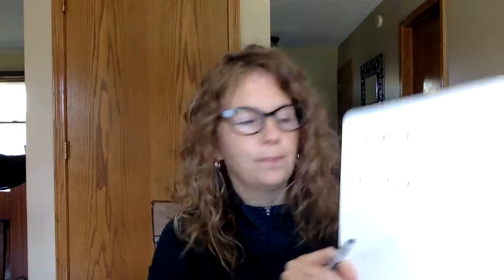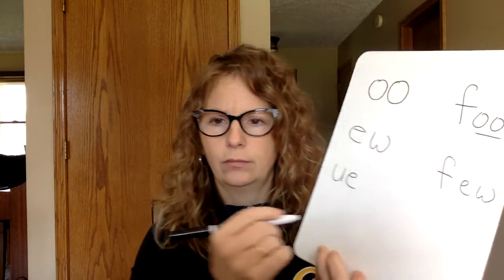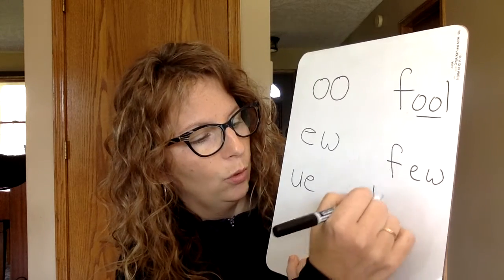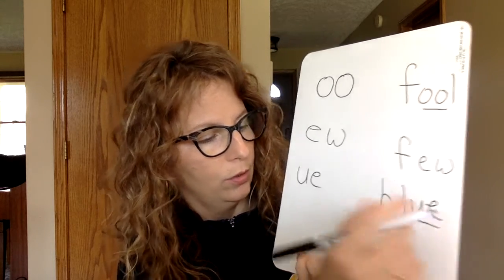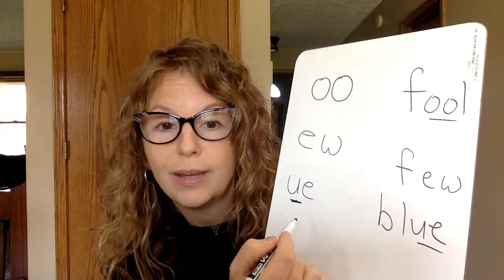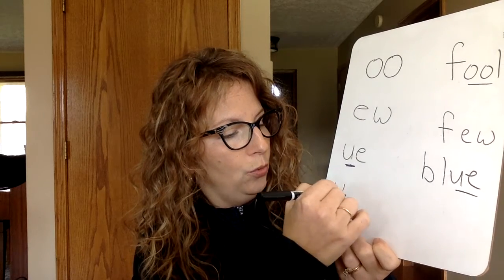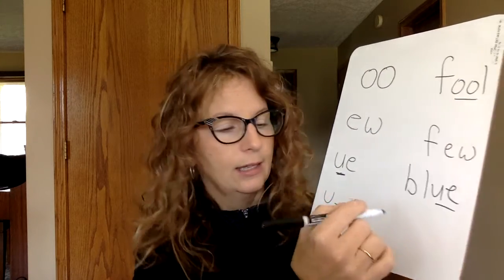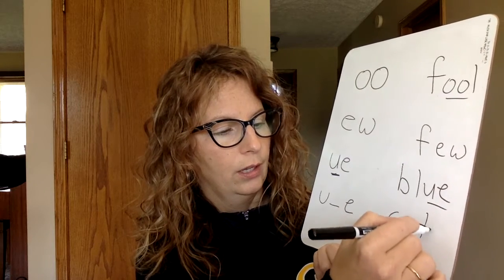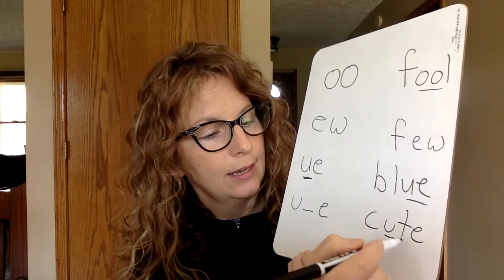Now, is that the only way to make the oo sound? No. You could use UE, like, make sure you guys can see my board, like in the word blue. That also says oo, right? You've got 2 vowels going walking, and then the first one will do the talking, making the oo sound. You could also have U consonant E, like in the word cute, where we have that the silent E at the end.